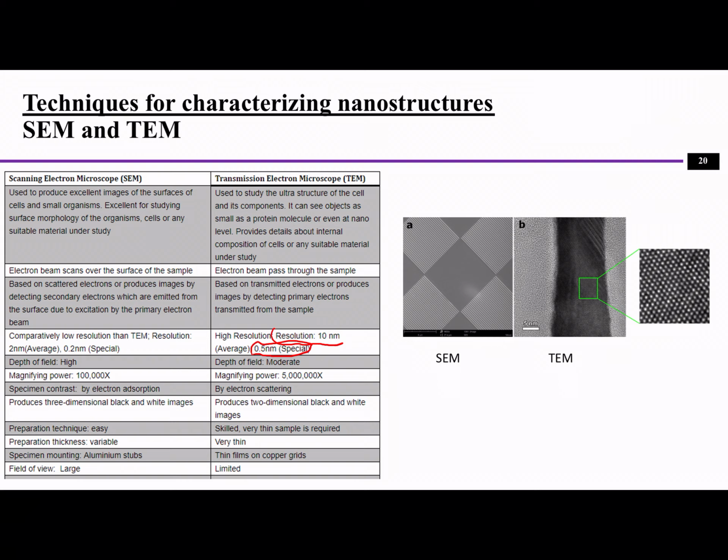SEM has lower resolution and magnifying power. Actually, you can see TEM has a much bigger magnifying power compared to SEM and also traditional microscopes. And this is a figure or image difference between the SEM versus the TEM. As you can tell, TEM actually can see individual atoms from the image.